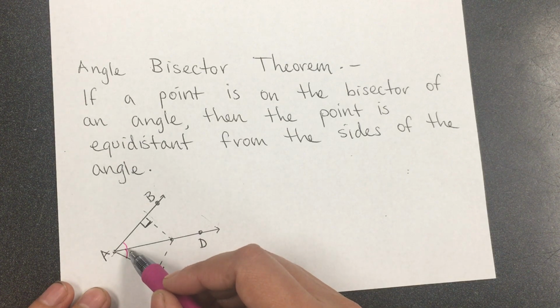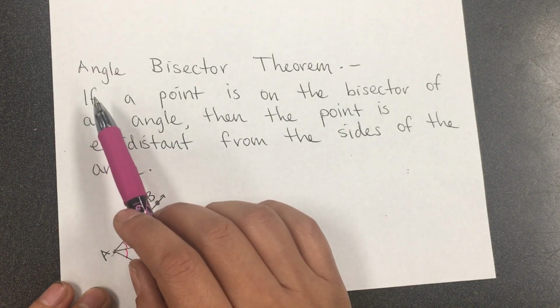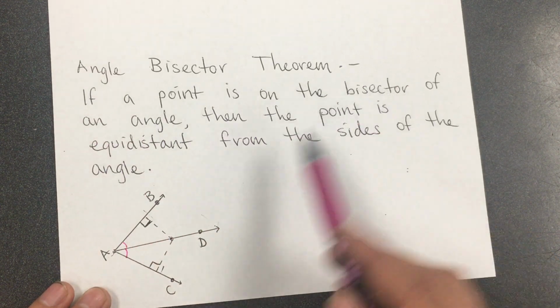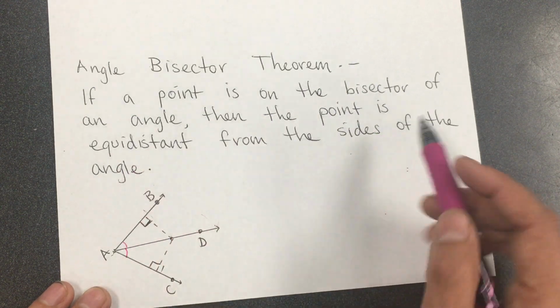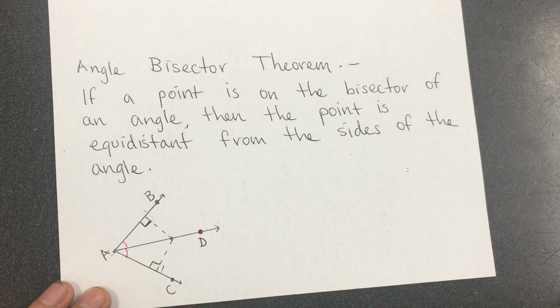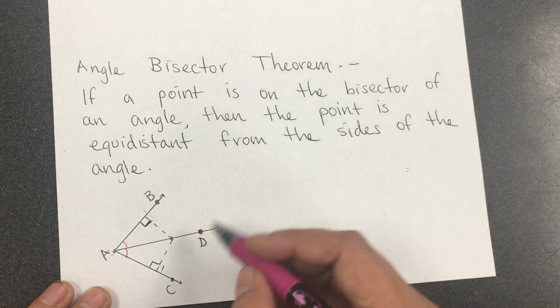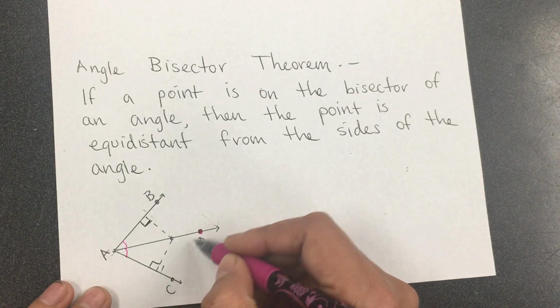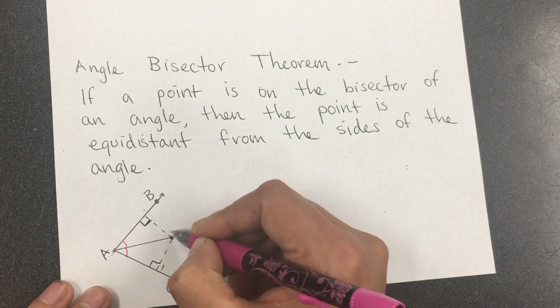We learned that as well before, but what do we know about angle bisectors? This is new. If a point is on the bisector of an angle, then the point, let's pretend we're talking about point D, is equidistant from the sides of the angle. So this point is equidistant from the sides.